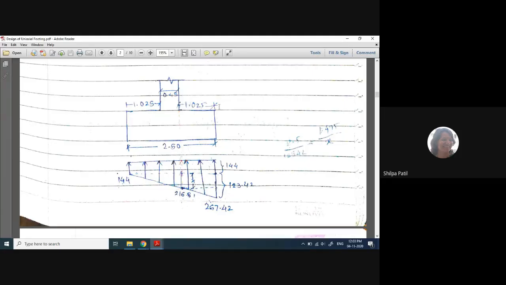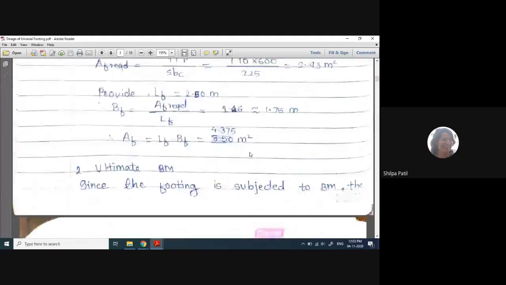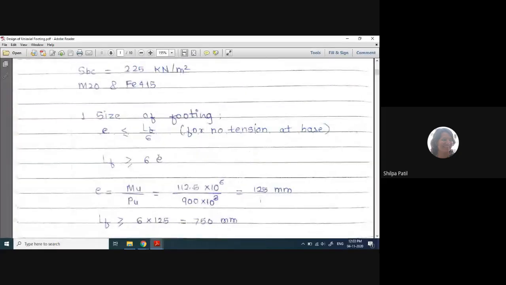Hence this projection required is more as compared to this projection, along the direction perpendicular to the x-axis, okay. So because of this, we always calculate dimensions of the footing based on the eccentricity of the load acting on the footing.